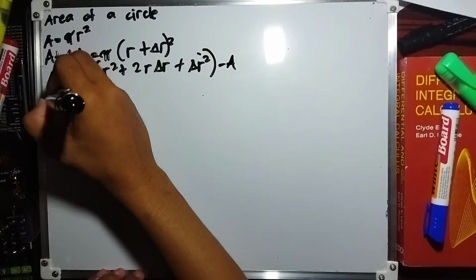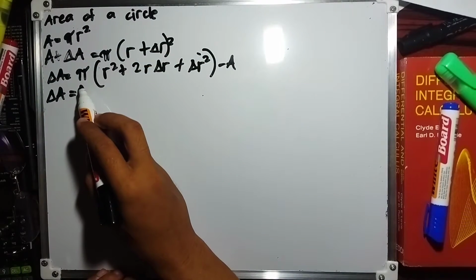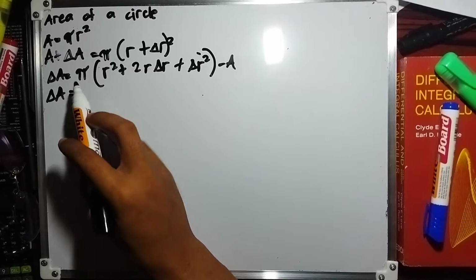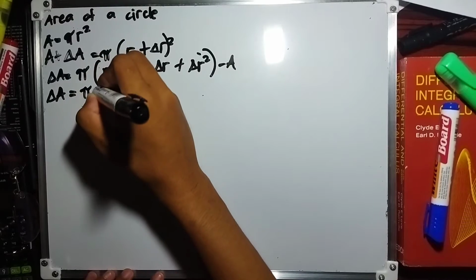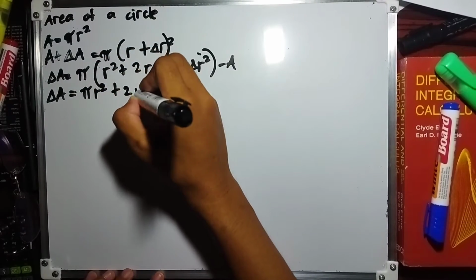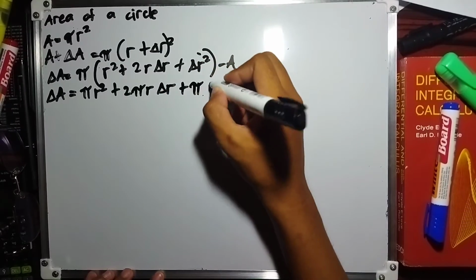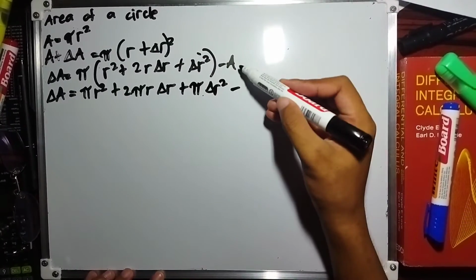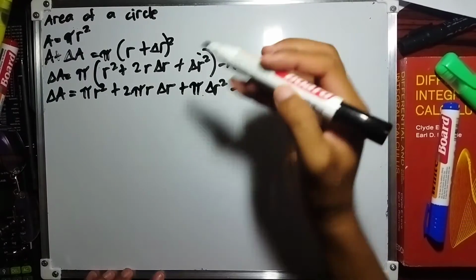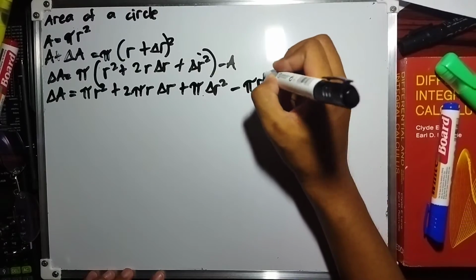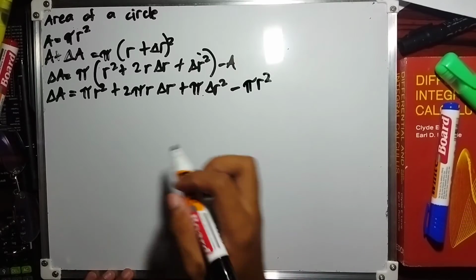So let's simplify this. Delta A is equal to, multiply the pi to the inside of the parenthesis, so it would become pi r squared plus 2 pi r delta r plus pi delta r squared minus our A here, which is the area of the circle, pi r squared. Next is to divide both sides by delta r.